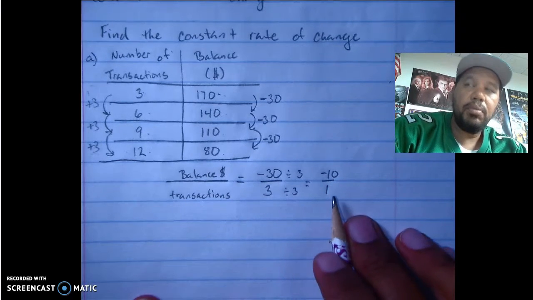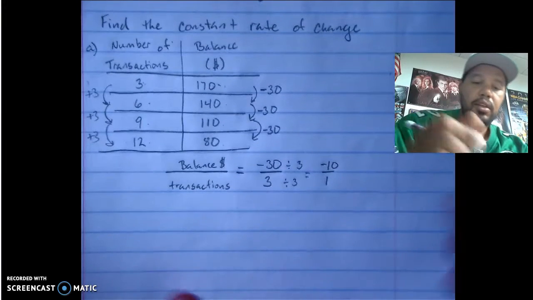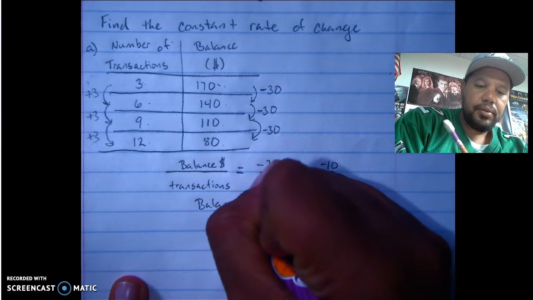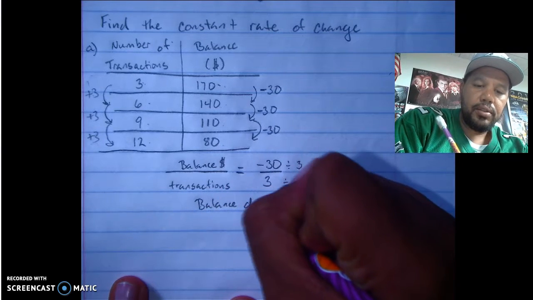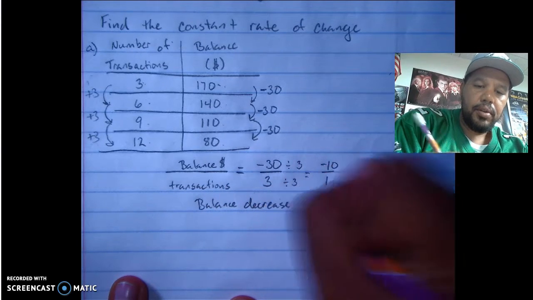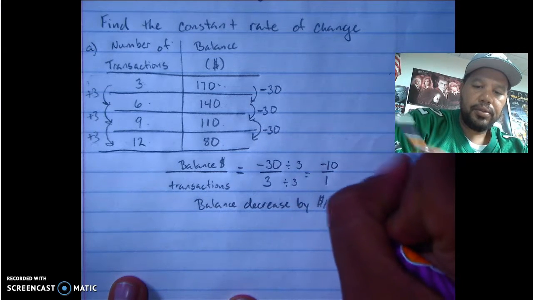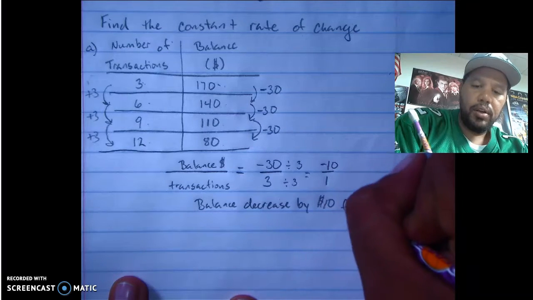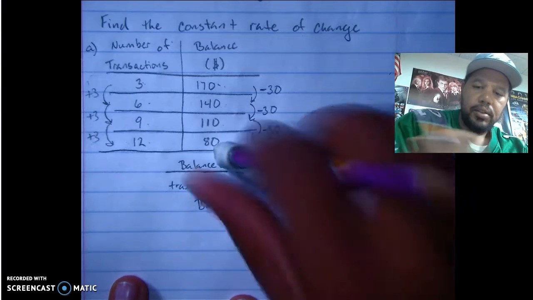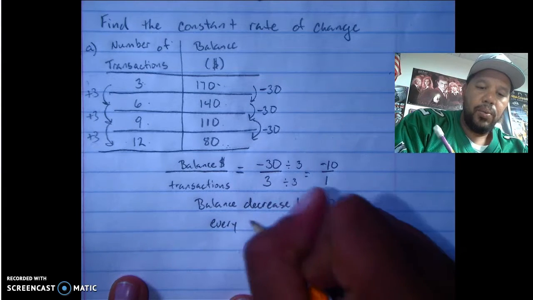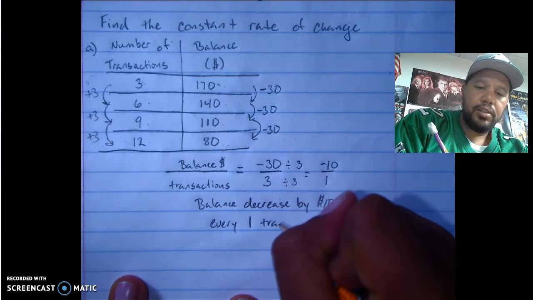So what does this mean? This ratio means that the balance decreases by $10 for every 1 transaction.